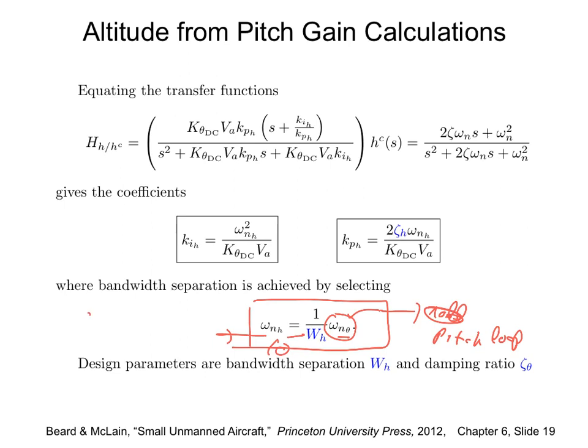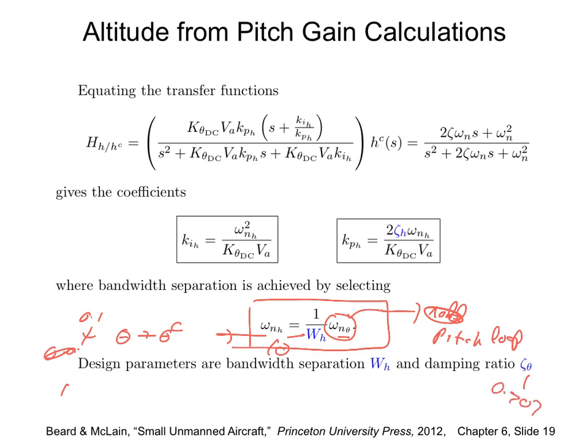If it takes 0.1 second to go from theta to theta commanded, the outer loop will take about 1 second to go from height to height commanded. So the outer loop is slower.